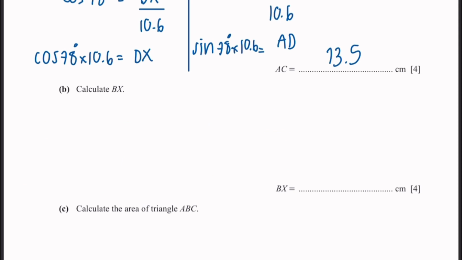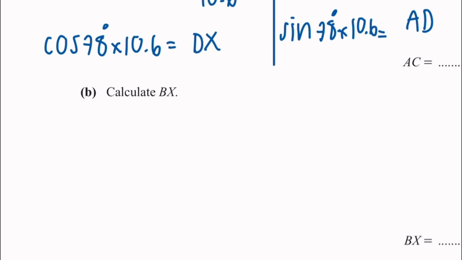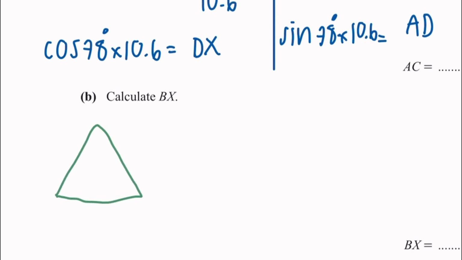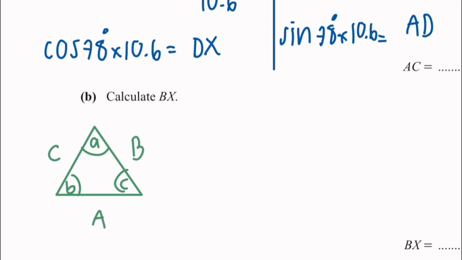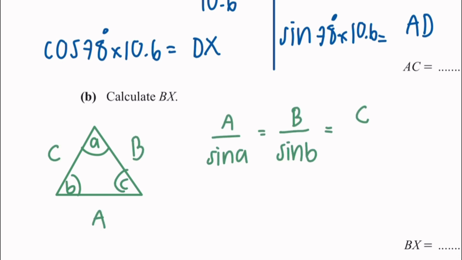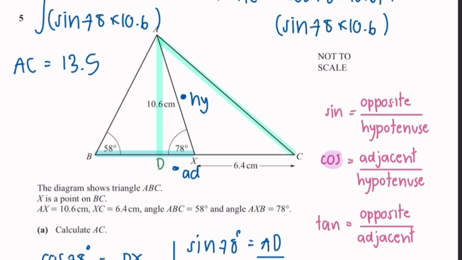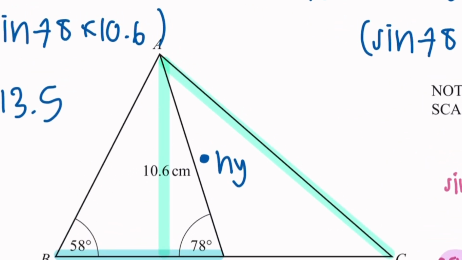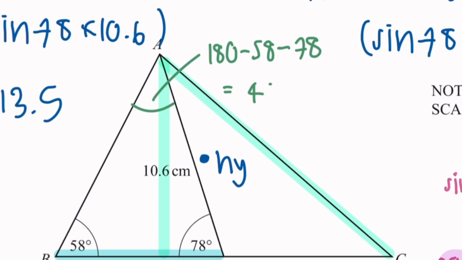Question 5b, calculate BX. In this question, I want to use the sine rule. In this triangle, we can calculate this angle by minus 180 with 58 and with 78, which gives 44.